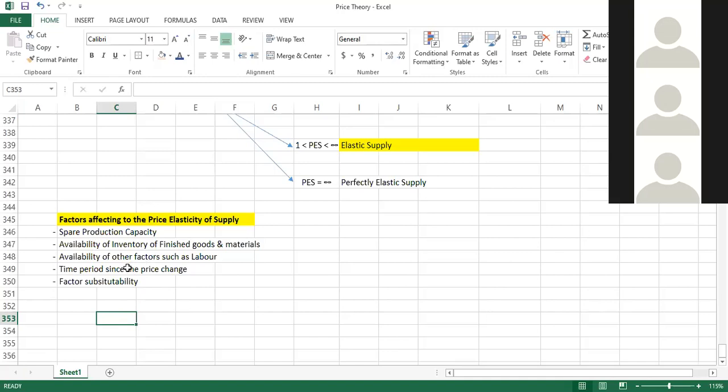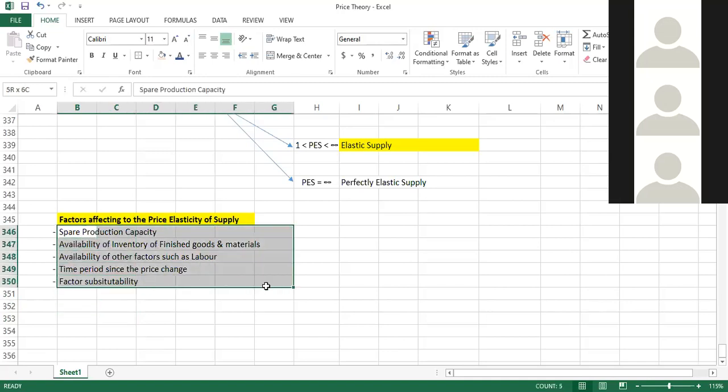Based on this, we can identify for some products. It is not possible to give exact examples, meaning we can't name products, because these are several key factors that affect the supply of any product.